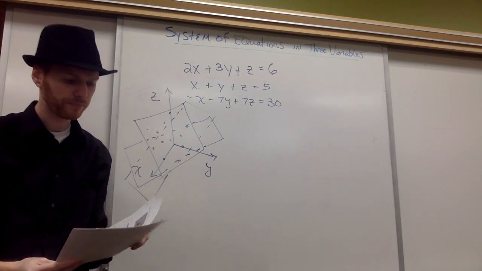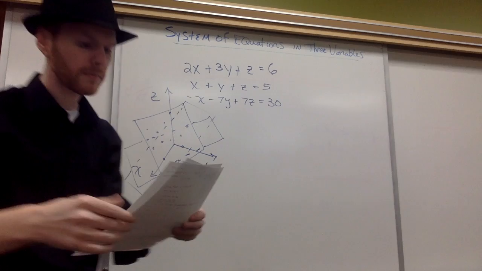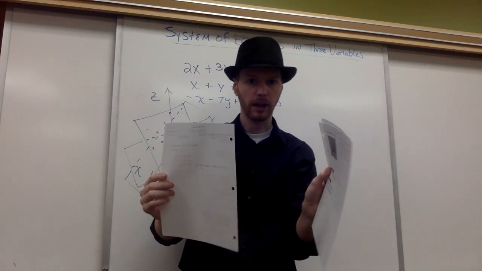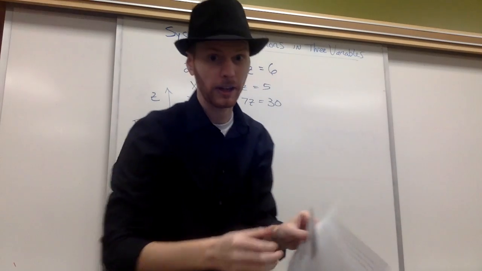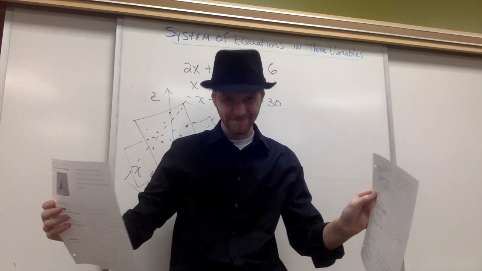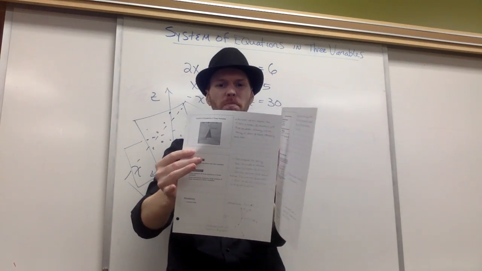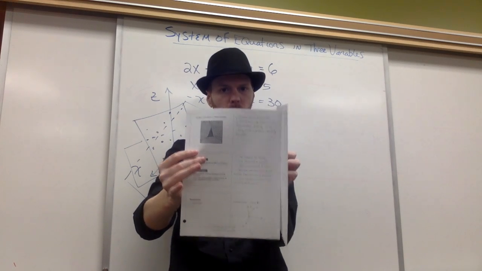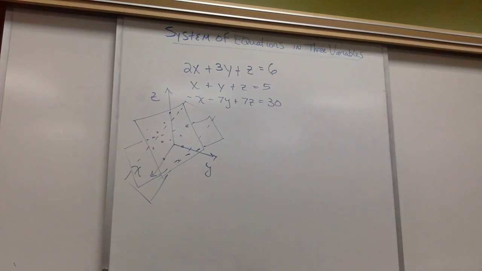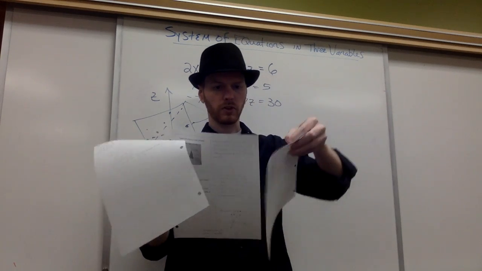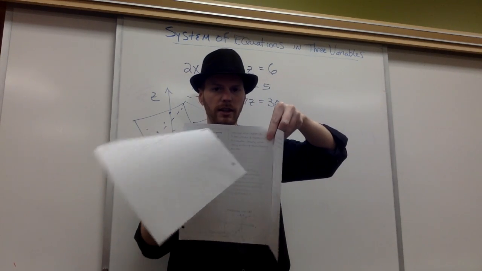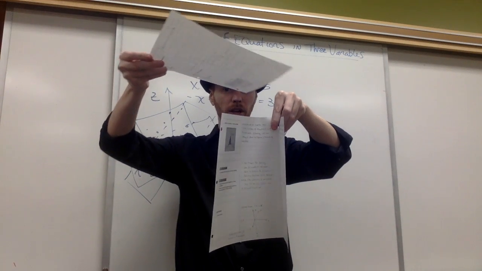So the goal is, and let me just show you, if I want to find an answer to this system, it's like I'm taking 3 pieces of paper. I don't know if I'll be able to balance this. So here's two planes intersecting, which would be a line, all my solutions. But now if I have a third plane, so here's this one, here's this one, and here's another plane I'll put on top here.